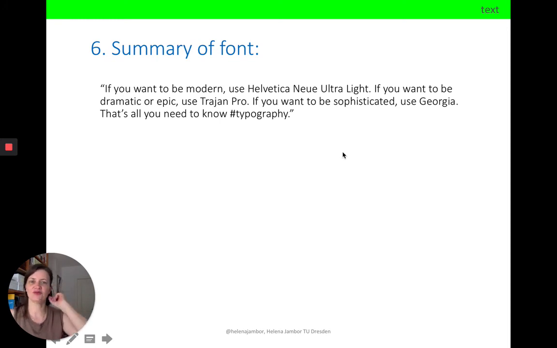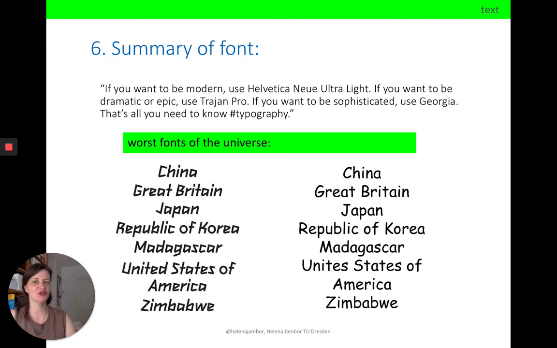All you should do is remember to never use the fonts that were voted to be the worst in the universe, which is the font that was designed for the London 2012 Olympics, which had a lot of people very, very upset. Some people even said it looks like a font used by the Nazis.